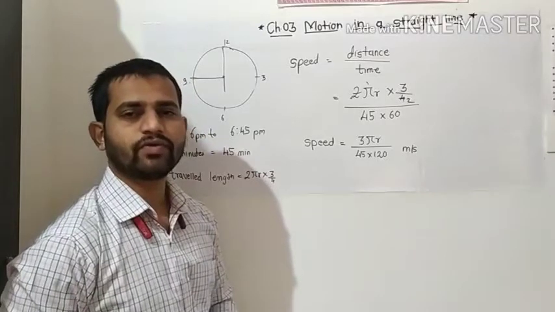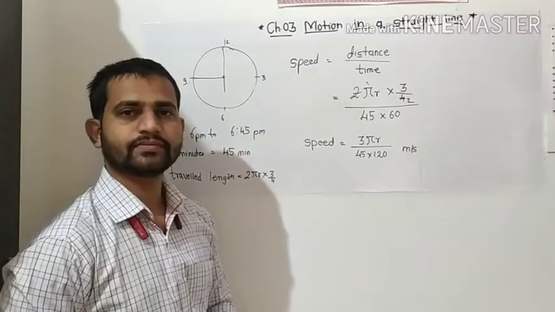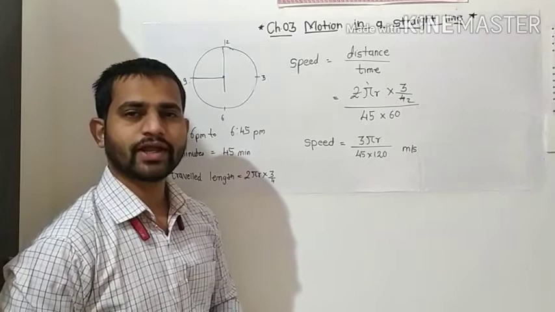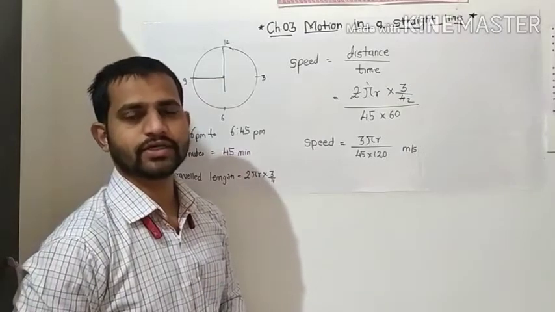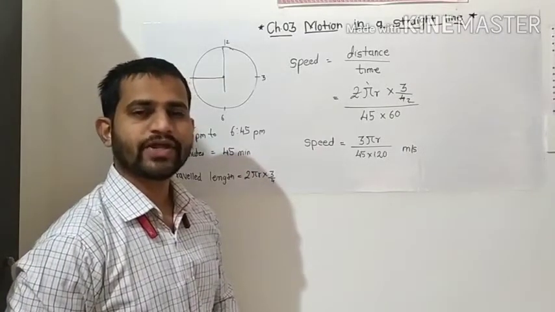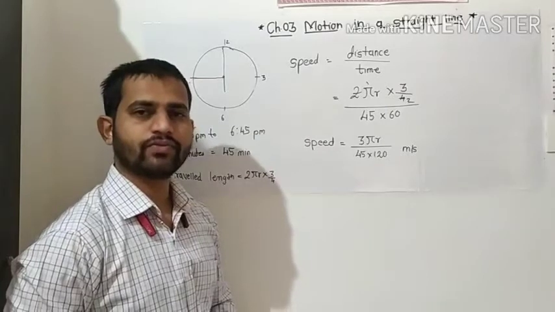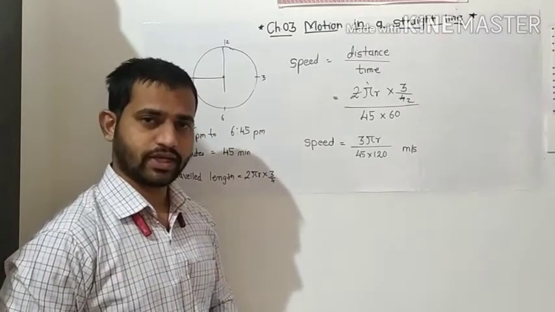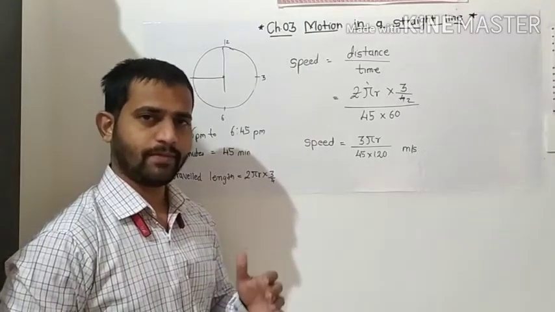Now what if we have to calculate its velocity? We know we can calculate velocity only if we consider the distance traveled in a straight line, so we have to find the distance from the initial position to the final position.